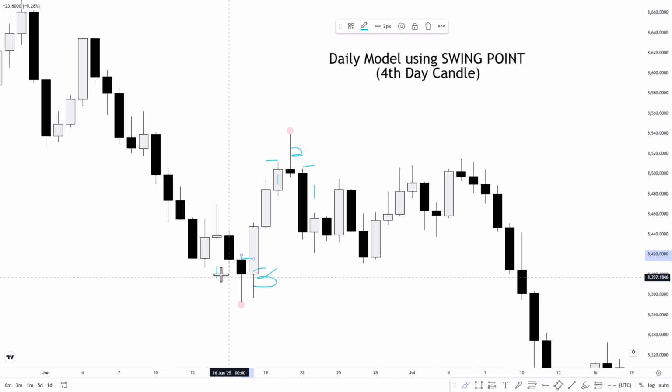If you look at it, candle one and candle three are higher than candle two. This high is higher than this particular low, and this low is higher than this particular low on candle two. So we have a swing formation that is a swing low formation.